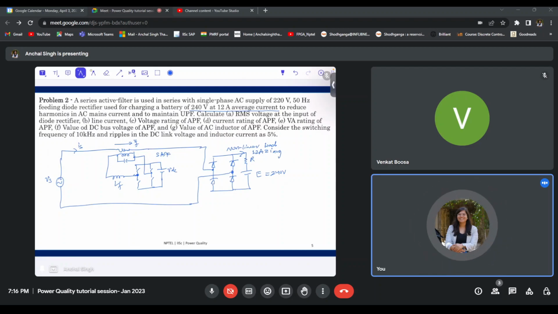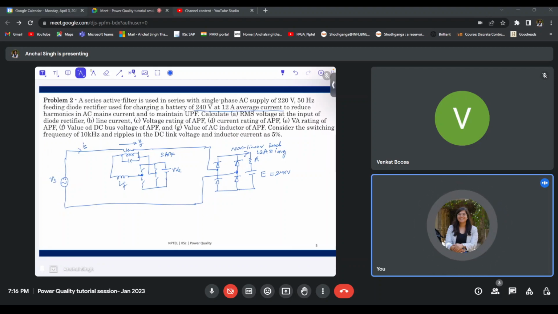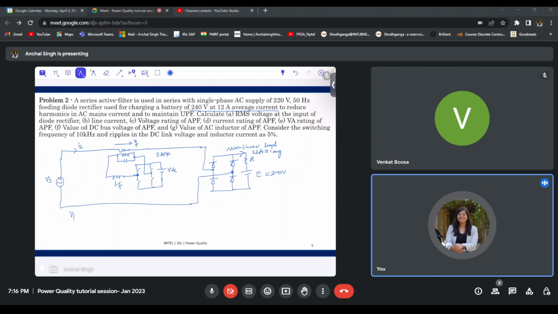So I am putting this series active power filter in order to take care of these harmonics that are present. In order to take care of the harmonics, I want to inject certain voltage that will result in sinusoidal current.